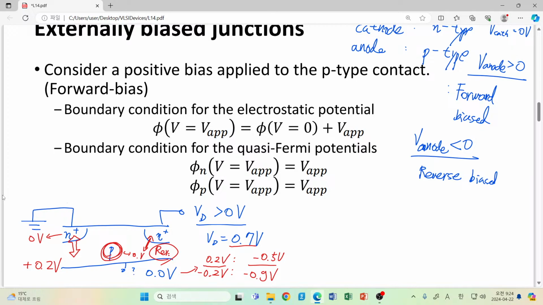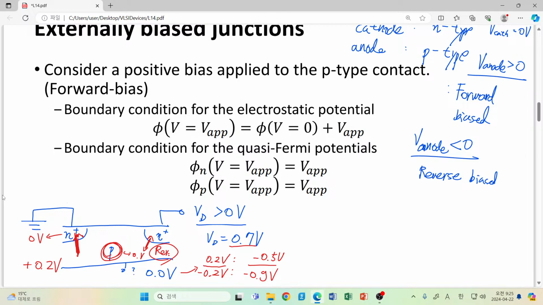Now we have 0 volt at the source, and if we have positive 0.2 volt for our substrate, then what will happen? This PN junction is placed in its forward mode. Everybody in this classroom now understands that if a PN junction is placed in its forward mode, it starts to conduct current. So there occurs certain current conduction between the source and substrate.